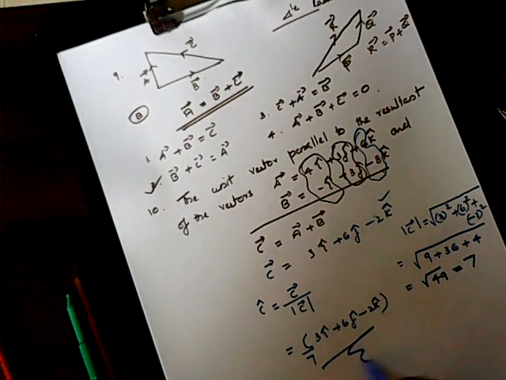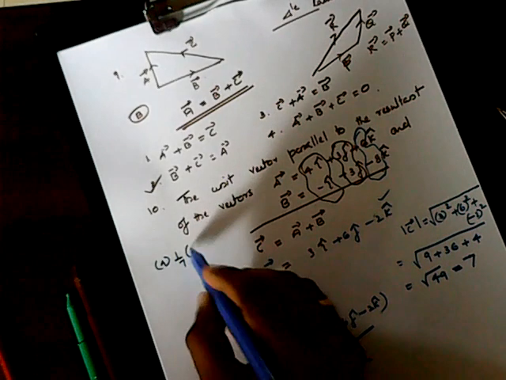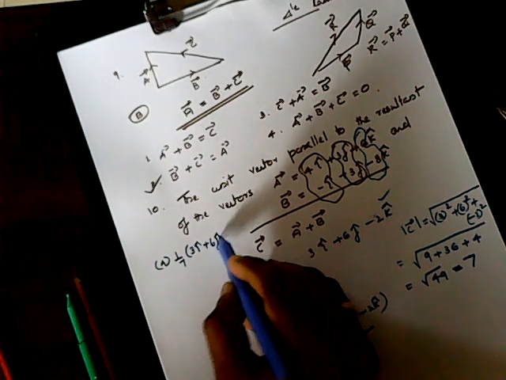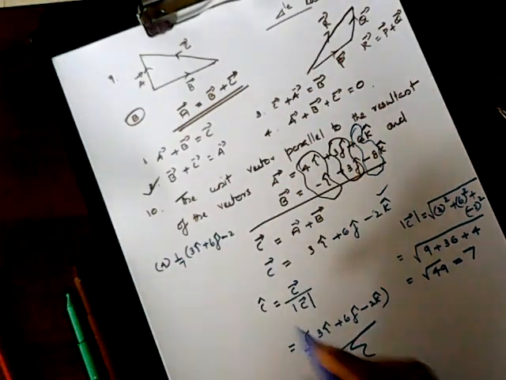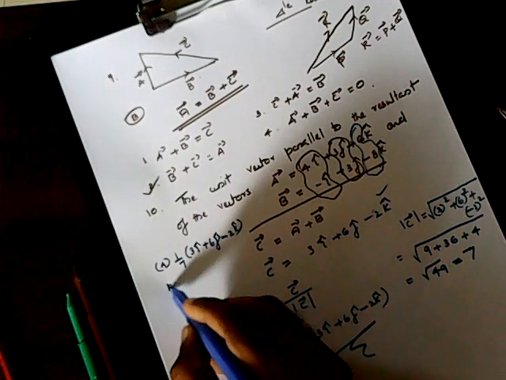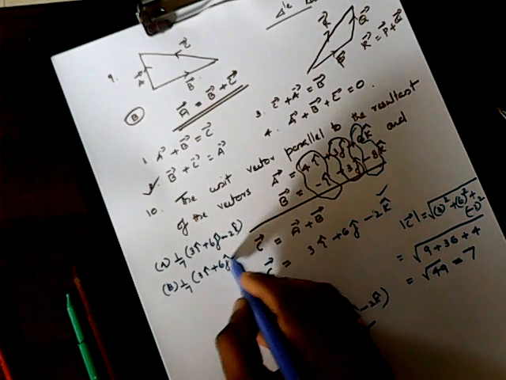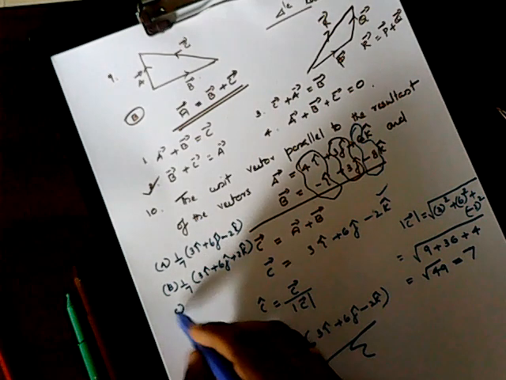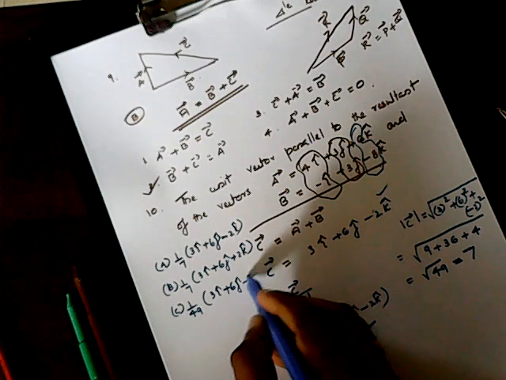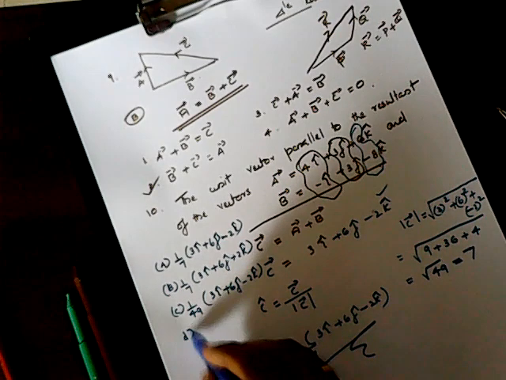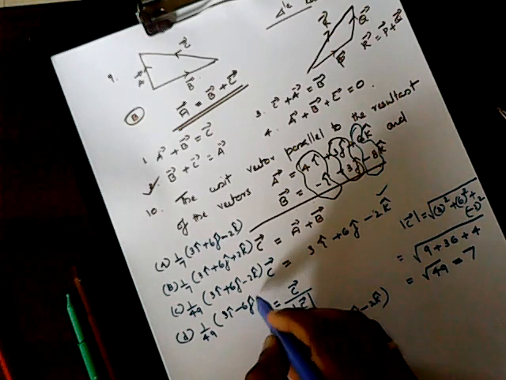So we can code the answer from the choices: A is 1 by 7, 3i plus 6j minus 2k; the B choice is 1 by 7, 3i plus 6j plus 2k; C is 1 by 49, 3i plus 6j minus 2k; and the D choice is 1 by 49, 3i minus 6j plus 2k.